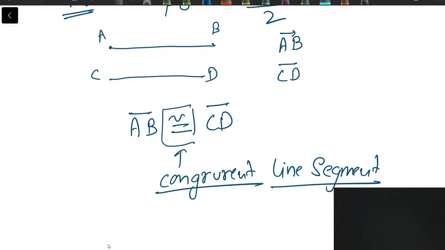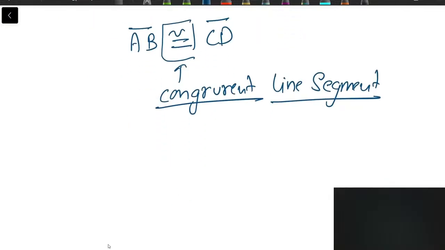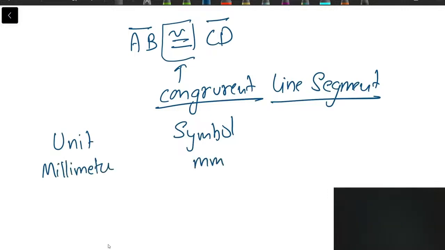Now we will come to the units and symbols. What will be the units of a line? I am writing here the unit, its symbol, and the relationship. First we will understand the units. We will write millimeter, represented by mm. Then centimeter, represented by cm.